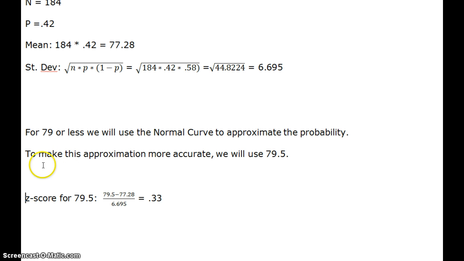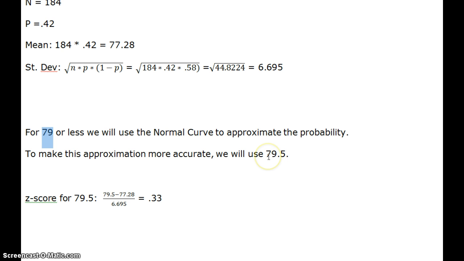We do the half step up because 79.5 or less includes 79 or less.